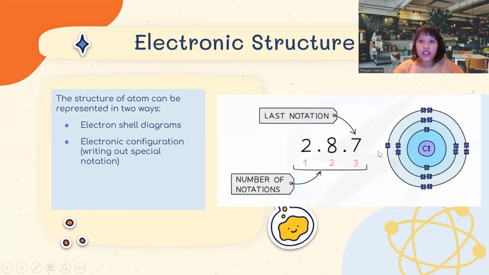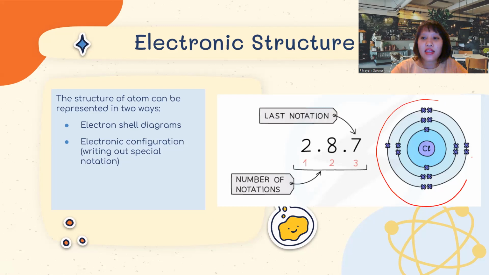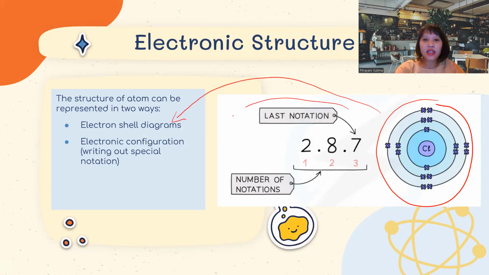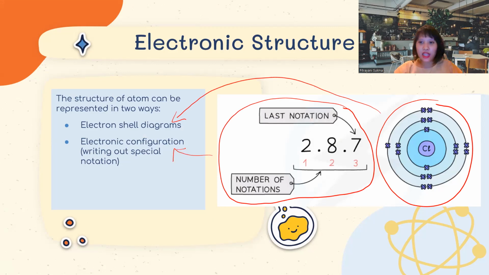You can see these two pictures here. The first picture is how we represent the atom in the form of an electron shell diagram. The second picture shows how we can represent the electrons in the atom by using electronic configuration, which is writing out a special notation.